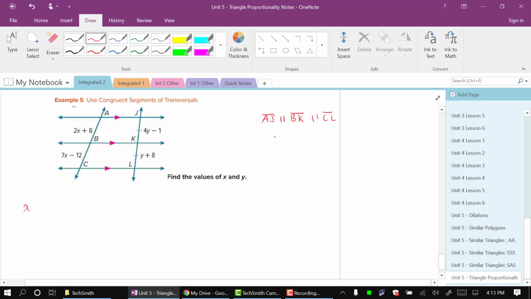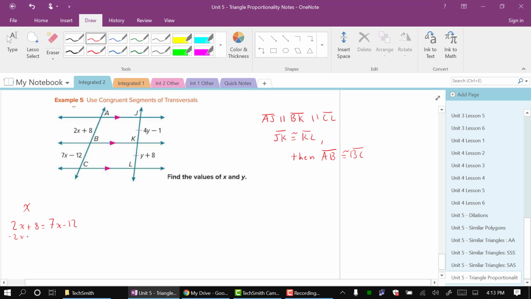Since they're all parallel to each other, JK is going to be congruent to KL. So then AB is going to be congruent to BC. If they're congruent, I can set them equal to each other, because congruency means equal to each other. So 2x plus 8 equals 7x minus 12.